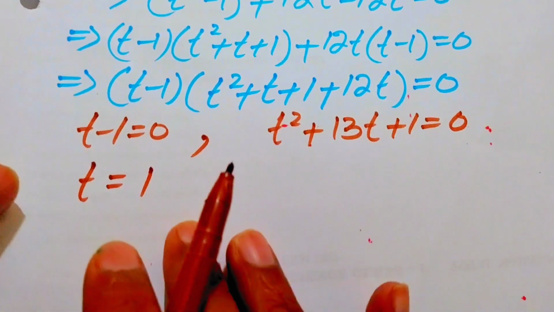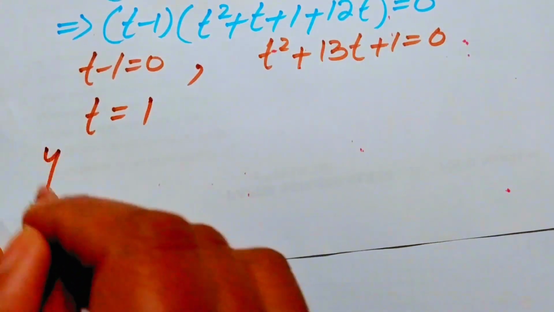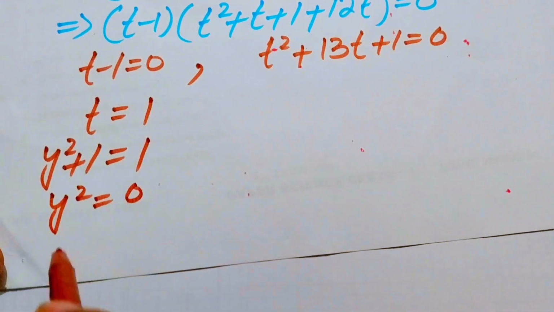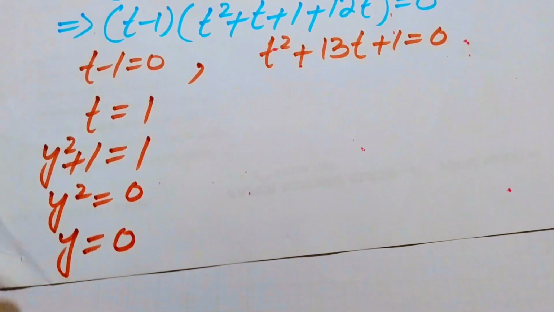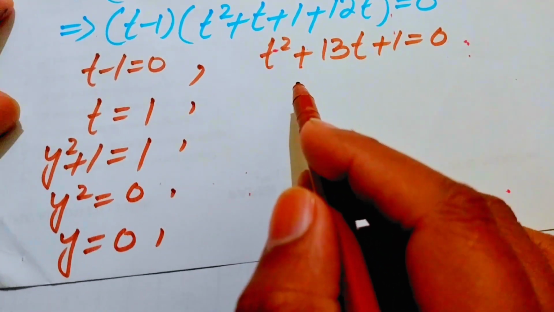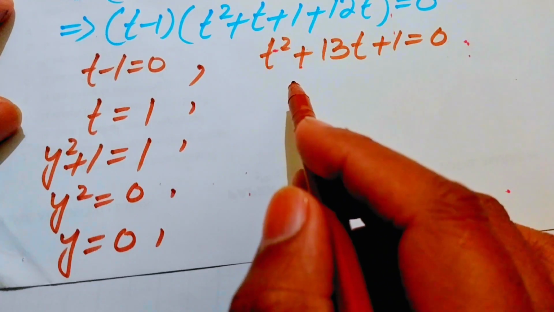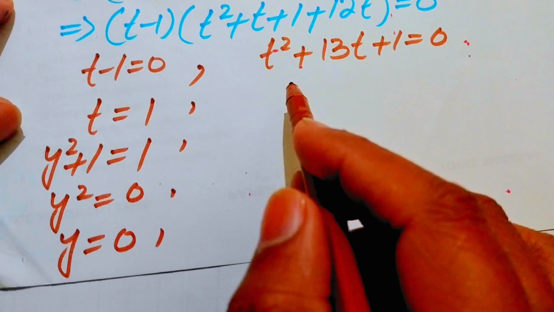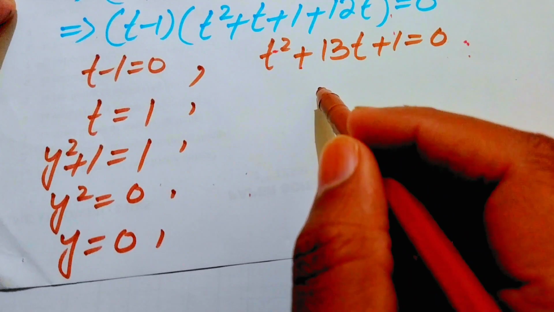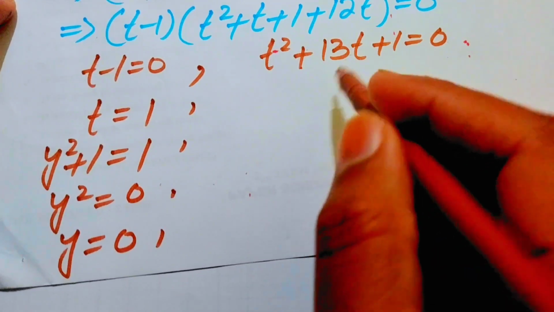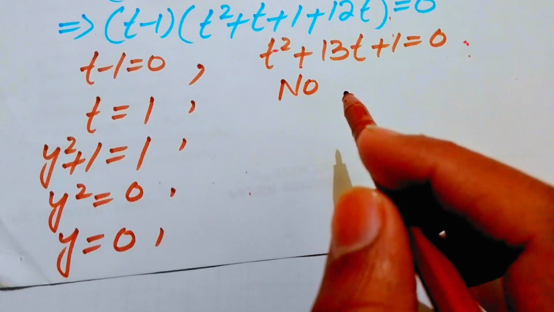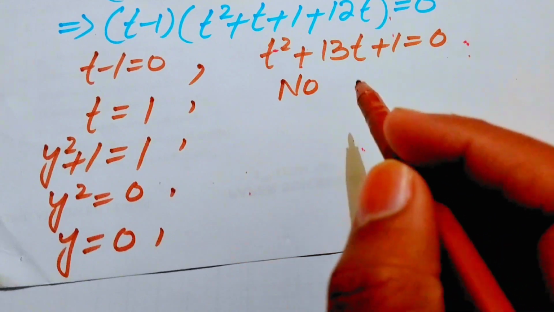When we back substitute the value of t, our value of t is y square plus 1 equals 1, and you get y square equals 0, and we have y equals 0. But if you focus on the second case, this case cannot give us a real solution. When you check the roots of this equation, you see that it can't give a real solution. Because n is a side of the right triangle, it must be real.